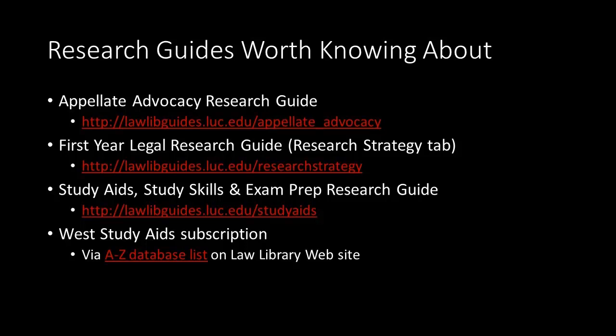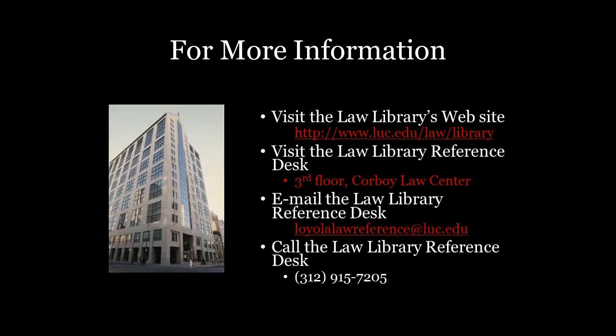So there's a lot more in there besides just the Nutshell series. There are all kinds of legal research resources and substantive law resources as well that you can use for all of your classes. It's arranged by topic and by different types of material. We highly recommend that you use those to help you with your studies.